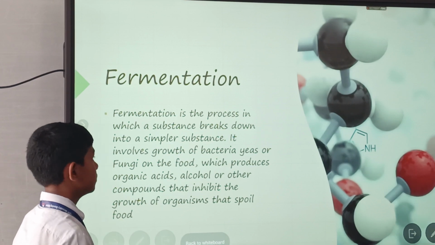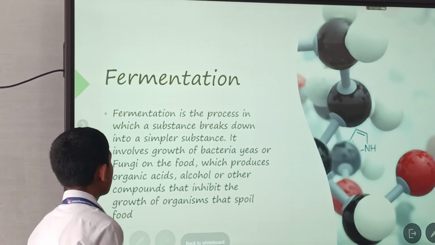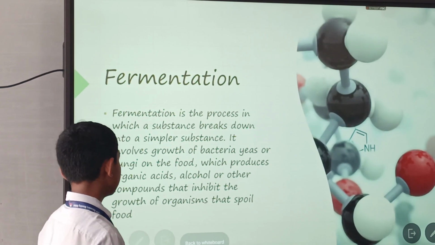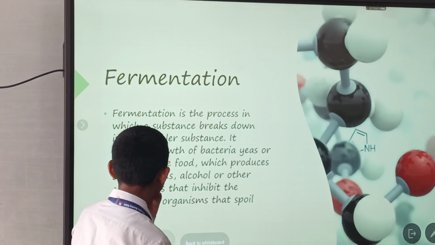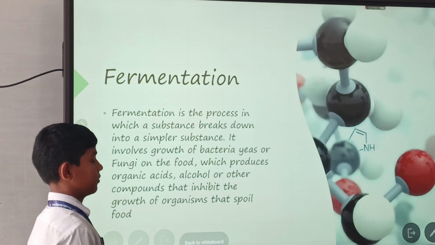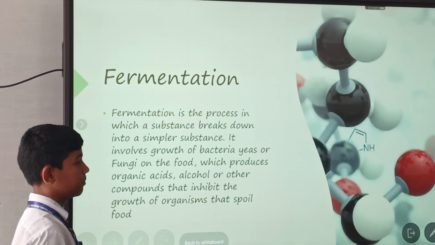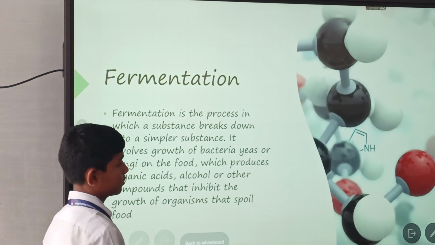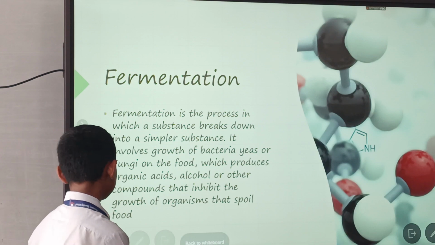Fermentation is also a preservation of food in which yeast, fungi, and bacteria grow, producing organic acid, alcohol, and other compound substances that inhibit the growth of organisms.